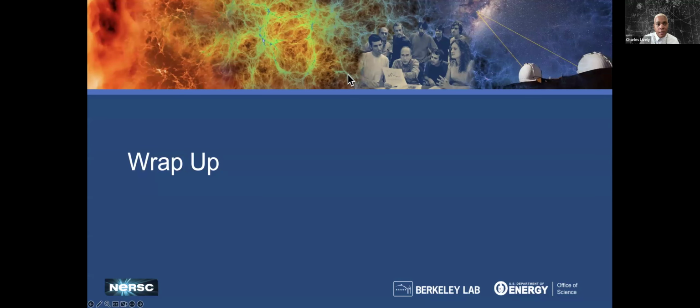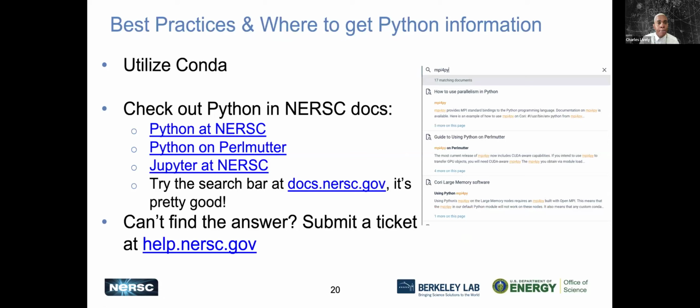All right, wrapping things up, some best practices and where to get more Python information, as Lippy mentioned, within our documentation. Our documentation is very robust and detailed, so that is always a great resource to easily find information. Of course, we have quick links here on different components. We'll go into detail a lot tomorrow on using Jupyter and running jobs at NERSC, and information on how to submit a ticket.